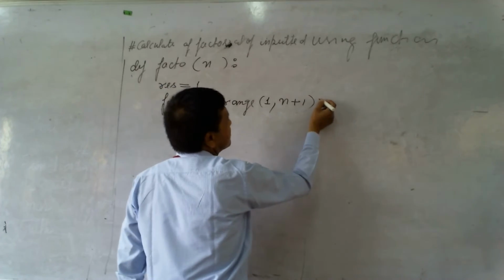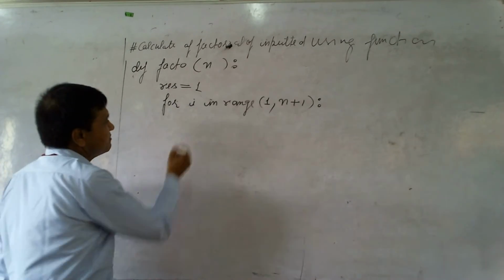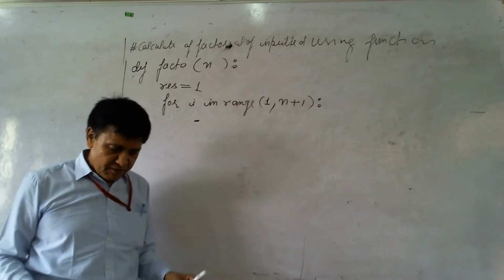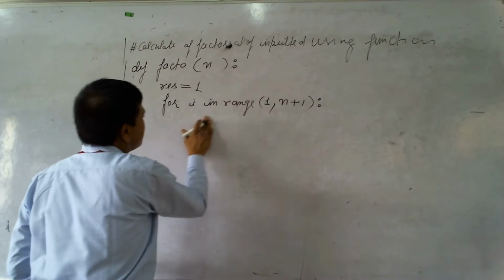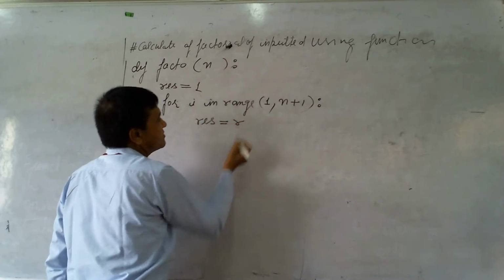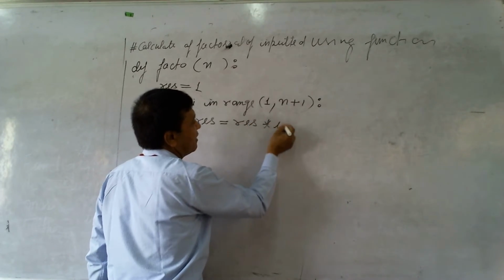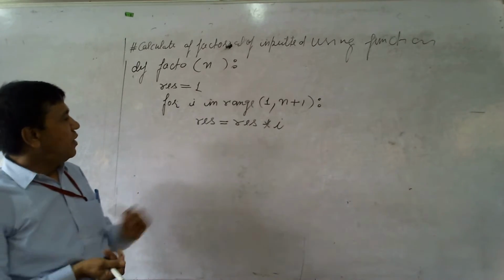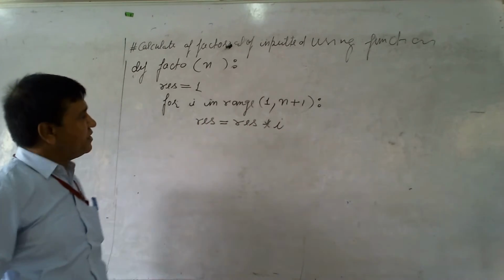Again I will press this colon. As I press the enter key, the cursor will come automatically here. Now I will write all the statements which I want to execute under this block, under this for statement. I will use here res equal to res multiply i. I have already explained to you the working of this statement in the previous program, how this statement is calculating the factorial.